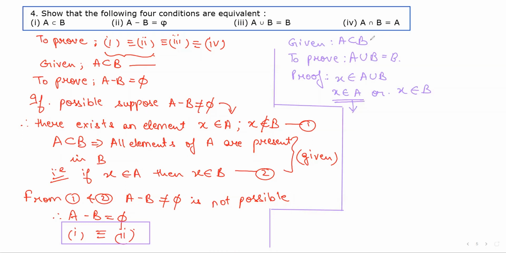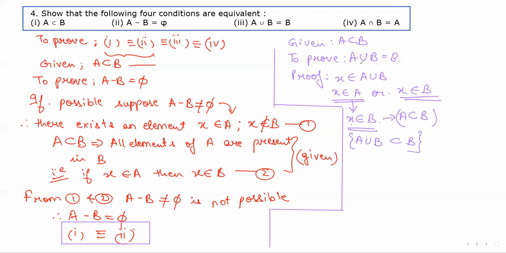Now we know that A is a subset of B. So if X belongs to A, X will definitely belong to B according to the condition that A is a subset of B. That means if this X is an element of A union B, the same X will also be an element of B. Either it's an element of B, or after solving A, we also came to a conclusion that the element is present in B. Therefore, A union B is a subset of B.